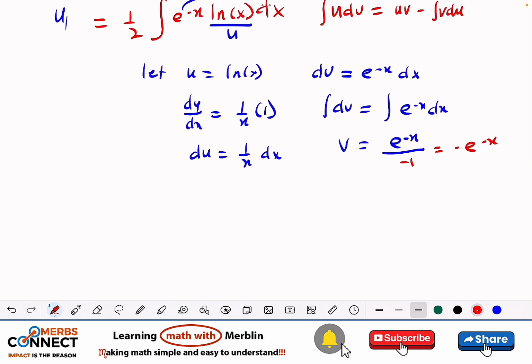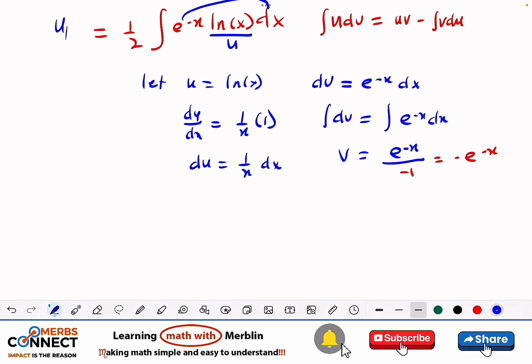So now let's do the substitution. So now our integral will be equal to 1 over 2 in bracket. So we want to follow suit from here.